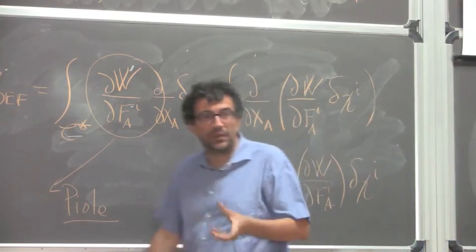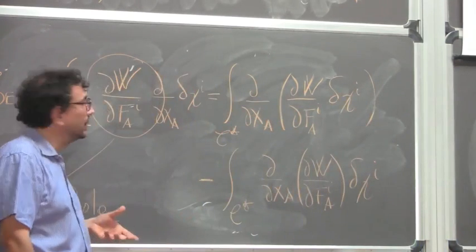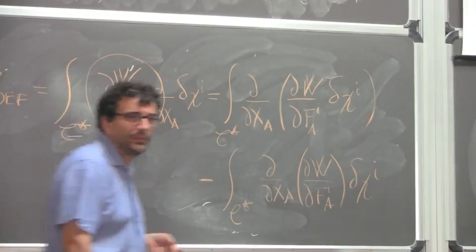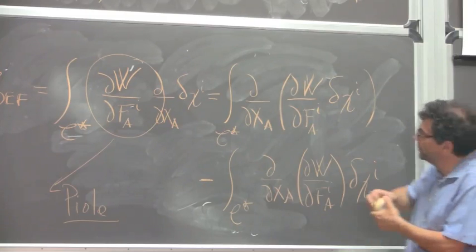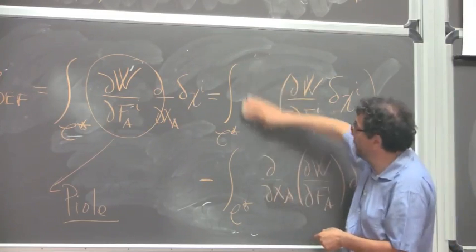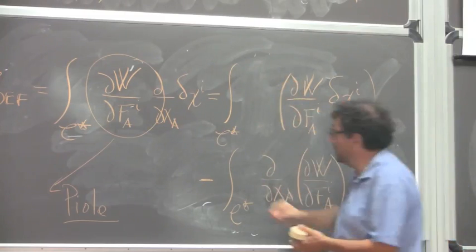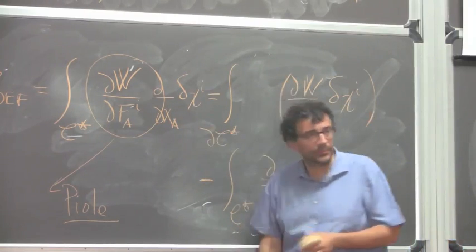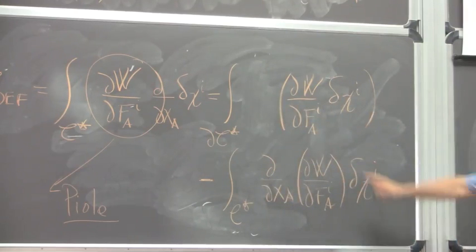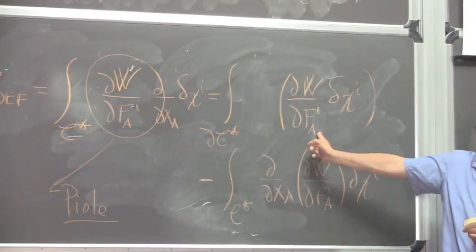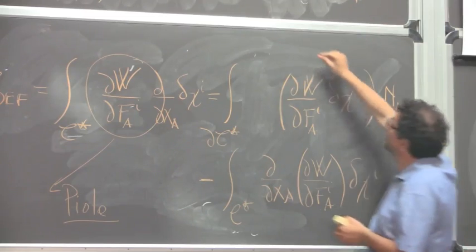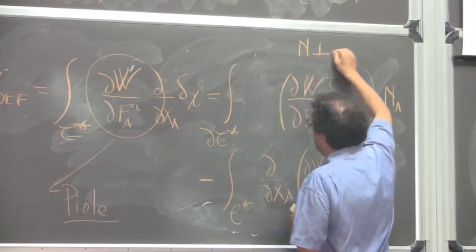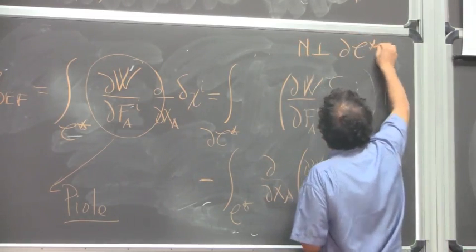This is Gauss. Okay? So, I can take away this divergence, I can add here the boundary, and I have a free index A. This normal is orthogonal to the boundary of C star.